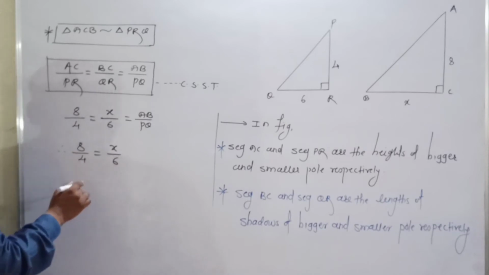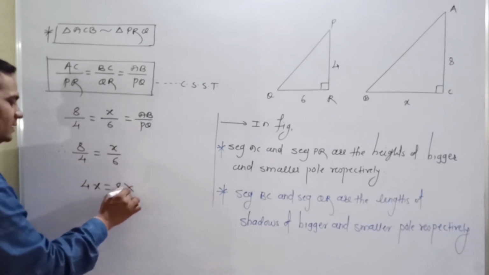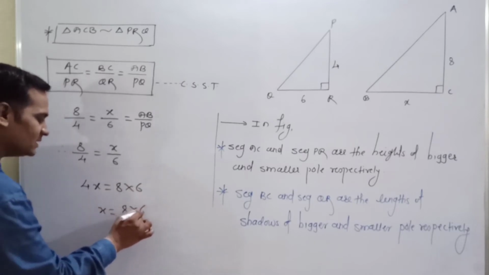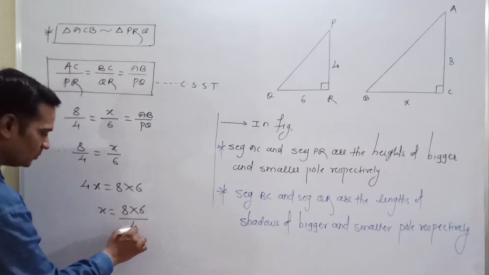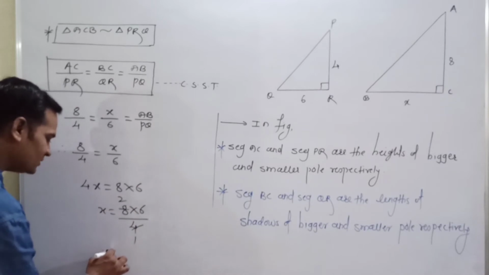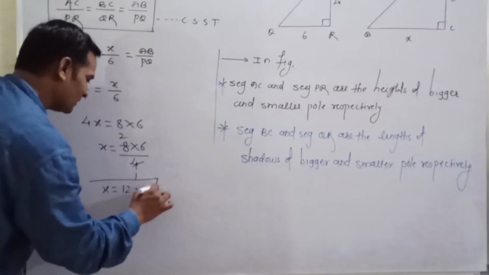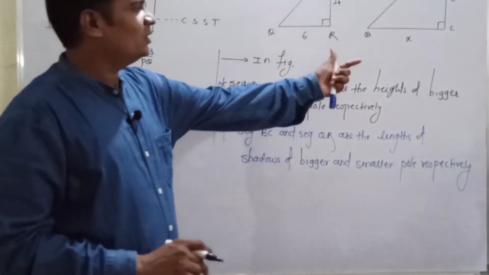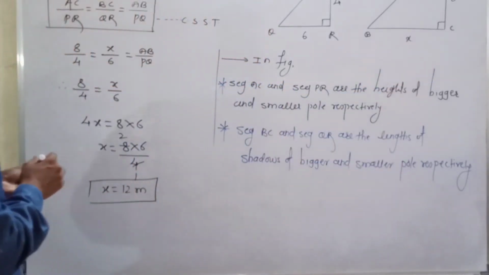By cross multiplication, 4x is equal to 8 into 6. Now x is equal to 8 into 6 upon 4. 4 ones are 4, 4 twos are 8. So x is equal to 12 meter. That means the length of the shadow of the bigger pole at the same time is 12 meter.